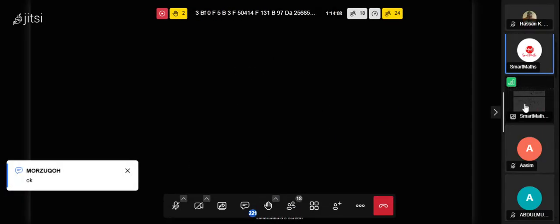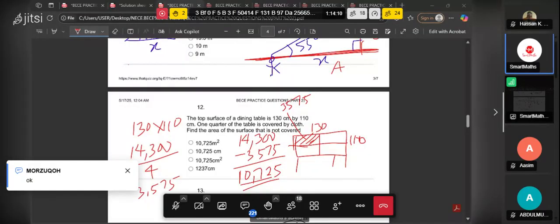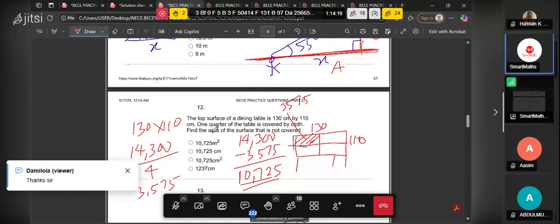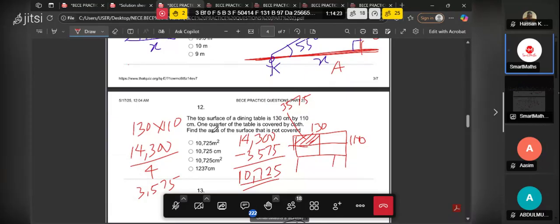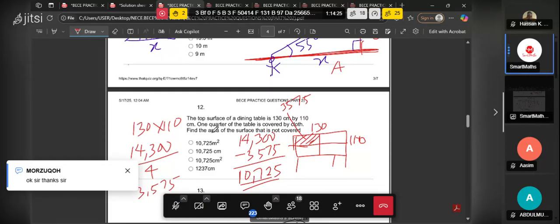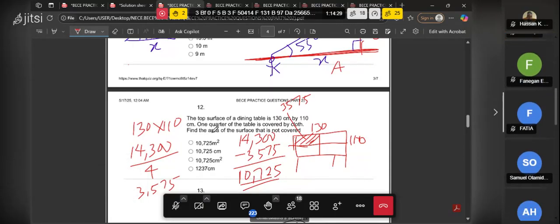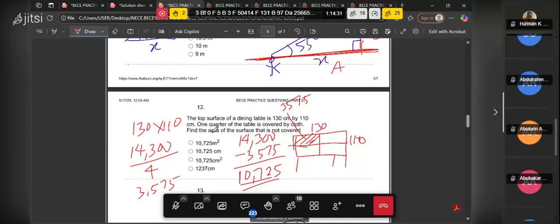All right, so let's go back to it. The top of a dining table has a dimension of 130 centimeters by 110 centimeters. You want to calculate the area of that top. That is 130 times 110, which gives 14,300.